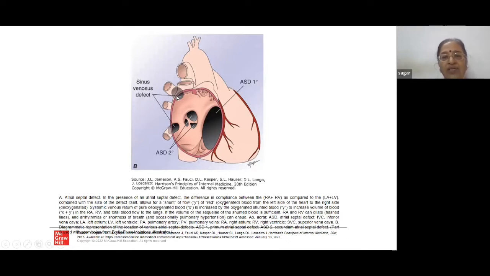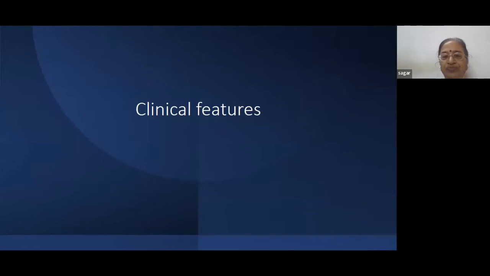You also have a sinus venosus defect, which can be at the level of the atrial septum, at the superior vena cava or the inferior vena cava. So you have an ostium primum, an ostium secundum, and a sinus venosus type of ASD. So different types of ASD are possible, and their presentations are slightly different as we will go through.